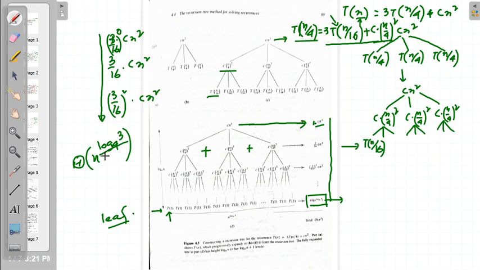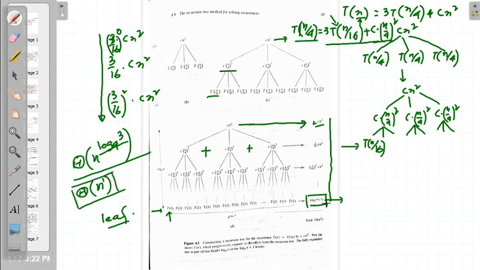Will it be less than 1 or greater than 1? Less than 1. So you see, this leaf level cost is not even theta n, where theta n means theta 1. It is less than this. That we have to remember.